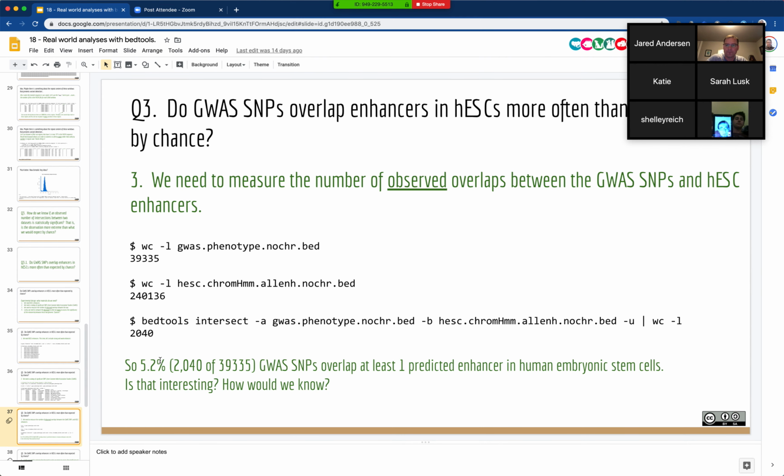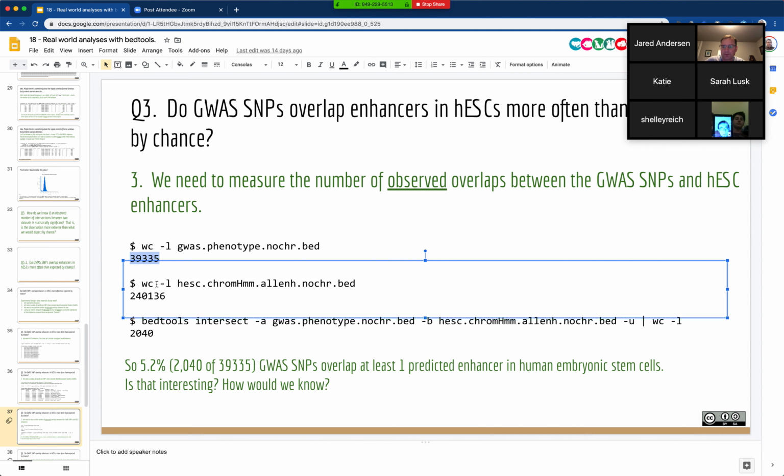So in total, there are 39,335 SNPs like that in the GWAS file, and there are 240,000 enhancers from human embryonic stem cells. When we intersect those and get a unique, we use this unique option such that we're only counting GWAS SNPs once.